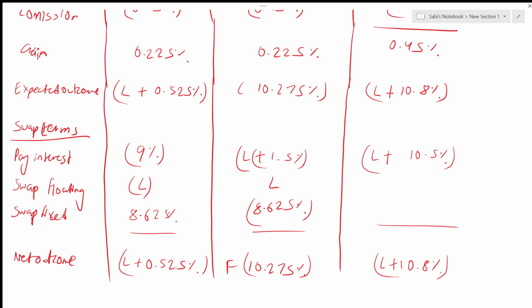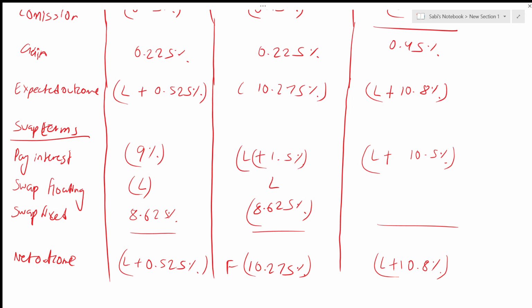He has to pay, right? It has to be payment and receipt. Let's say company A, when they are swapping, they cannot be paying floating and fixed at the same time. Either they are paying floating and receiving fixed, or they are receiving floating and paying fixed. It could be only one way. So that thing you have to remember.